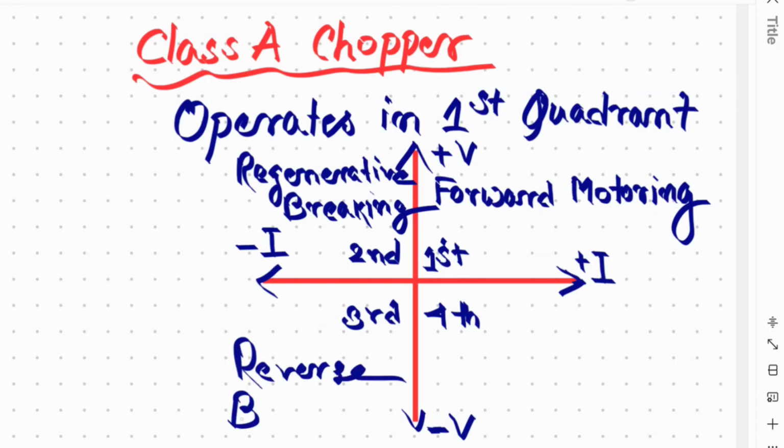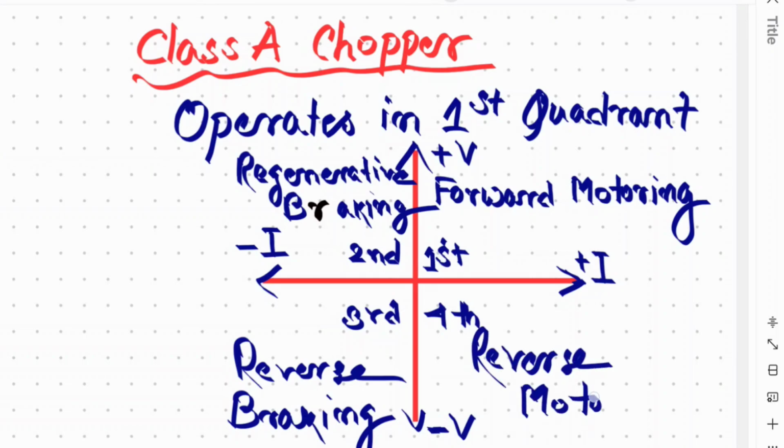The fourth quadrant is reverse motoring. So these are the representations of the four quadrants.